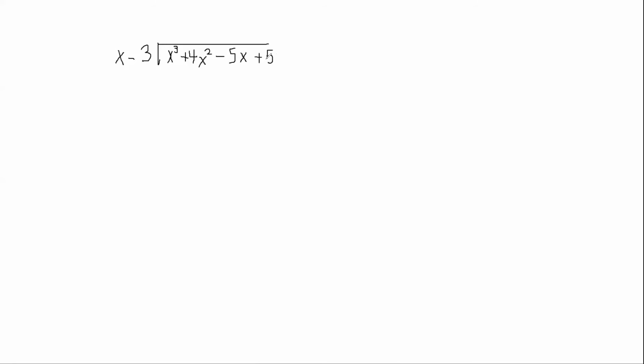So what we're going to be doing is we're going to be dividing it. What we do is we look at the first point, which is going to be the x.